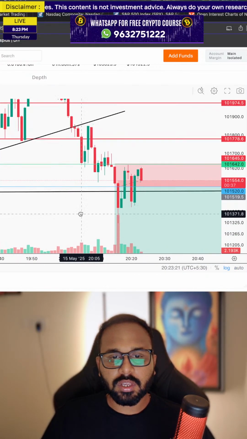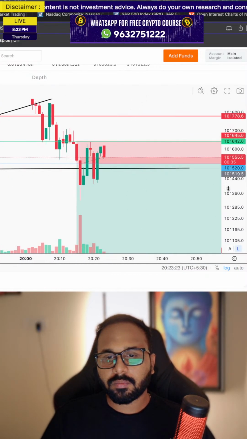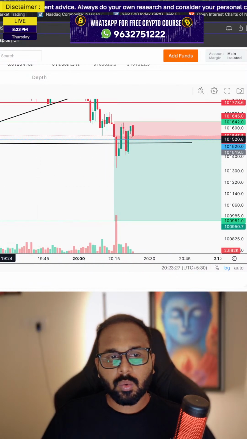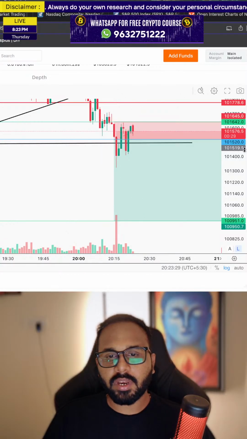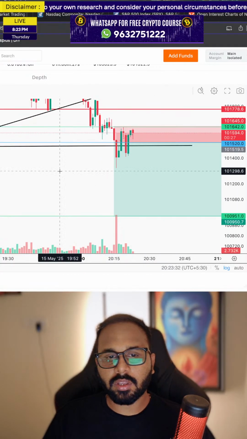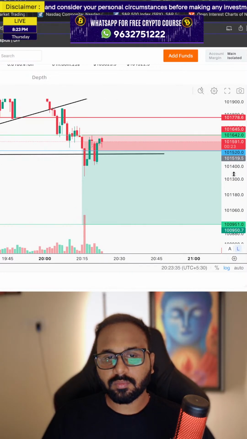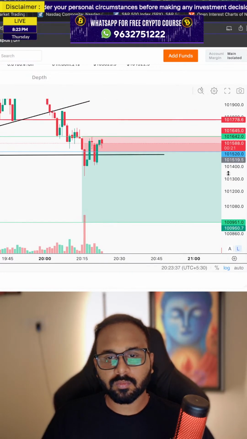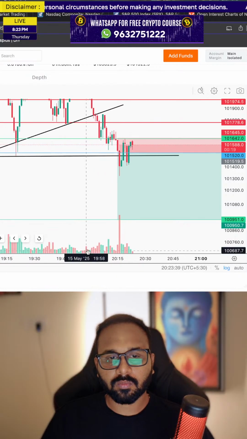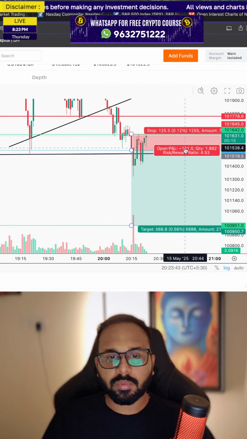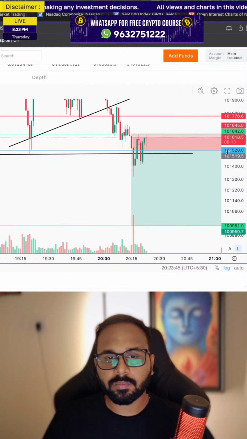Selling pressure is there. On the one hour time frame, market has given a breakdown. That is an important thing for us. Buying pressure, buying pressure.